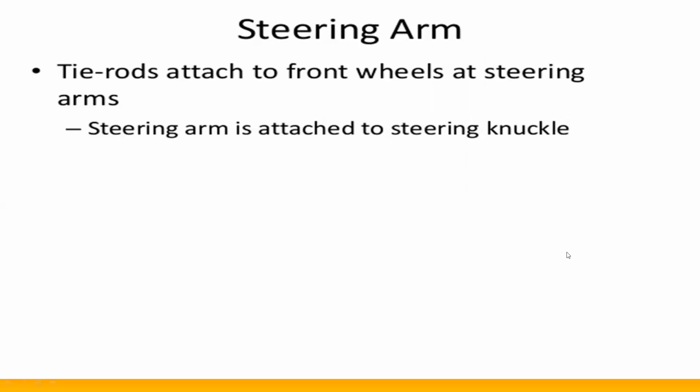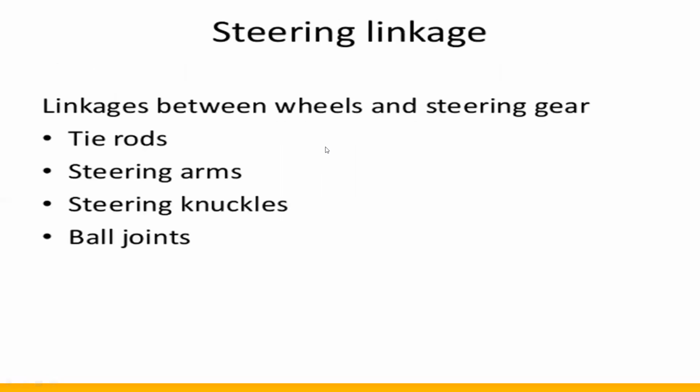First one, steering arm. Tie rods are attached to the front wheels at the steering arms. The steering arm is attached to the steering knuckle. You can see what the linkages are in that steering system and how they should be connected.